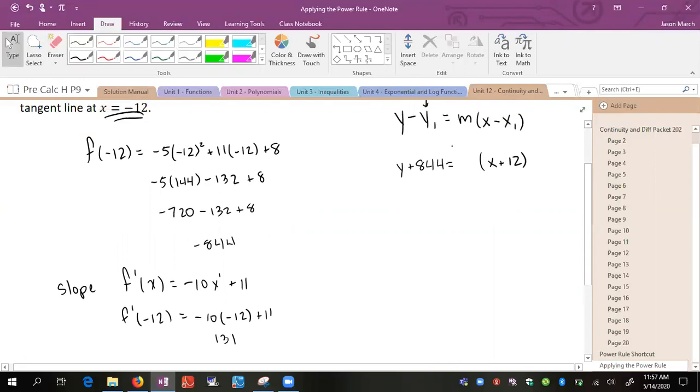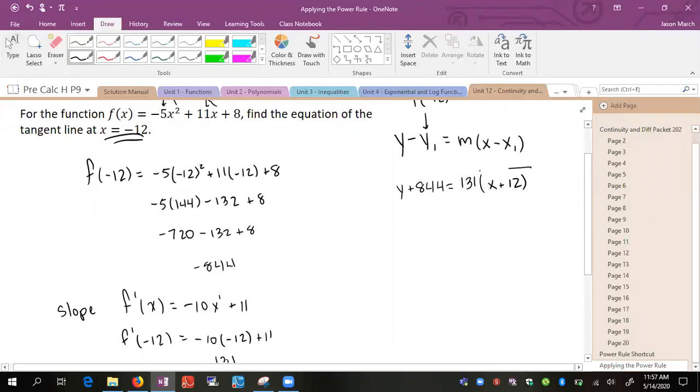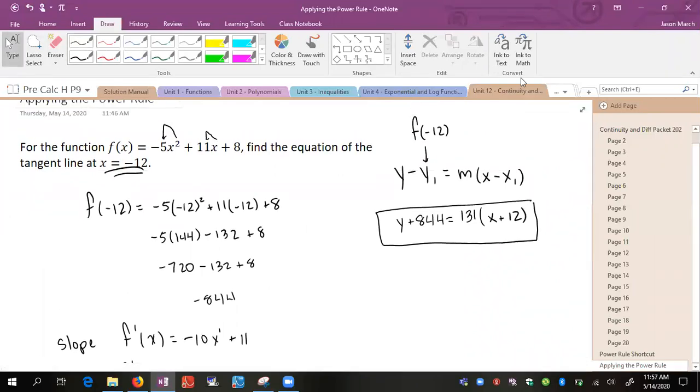And so that's our slope. Okay, so that is our equation for the tangent line. So again, the steps were to use the original function to find the x and y coordinates, and then to find the derivative using the power rule, and to plug that in to find the slope.